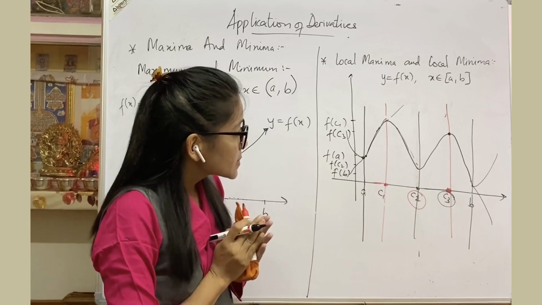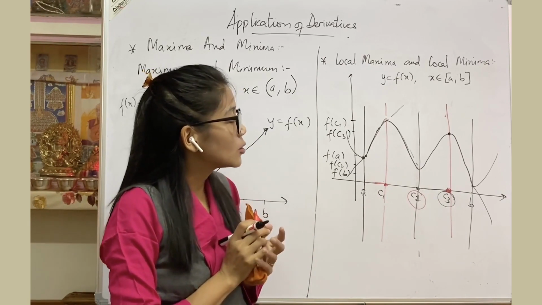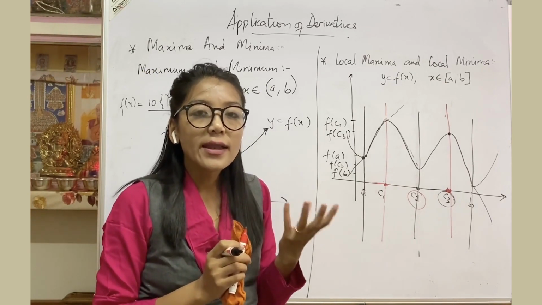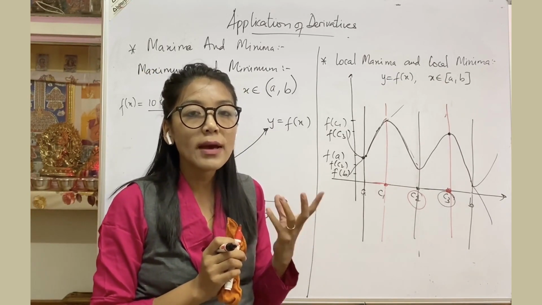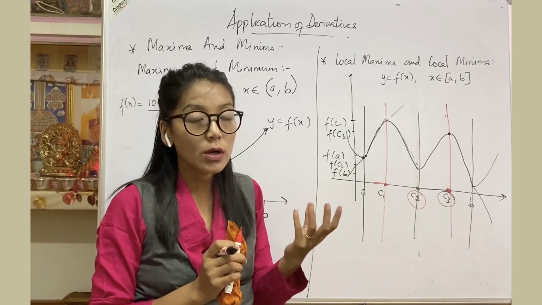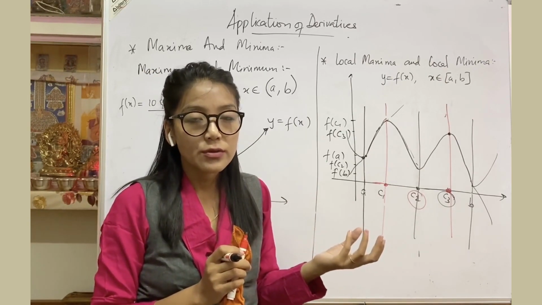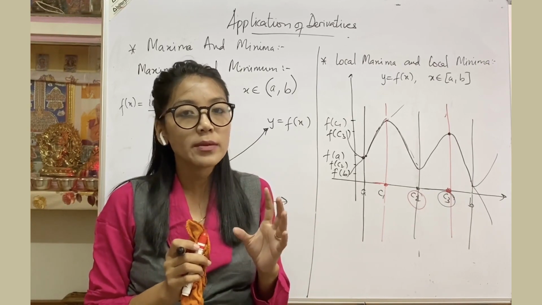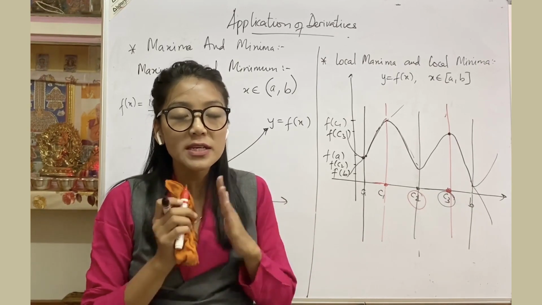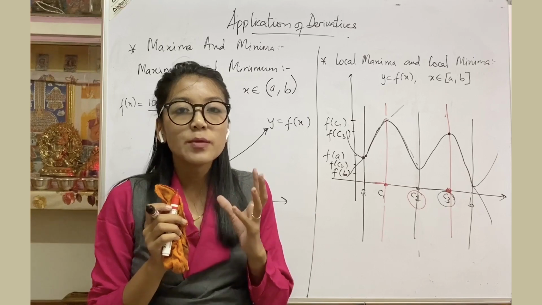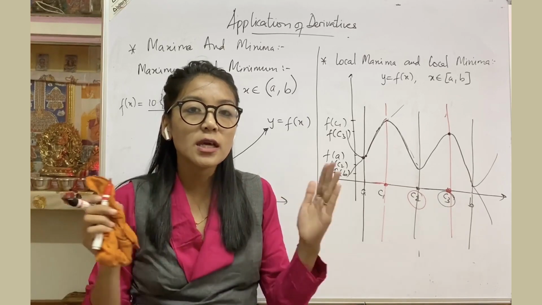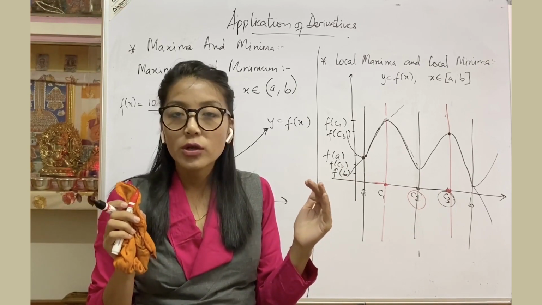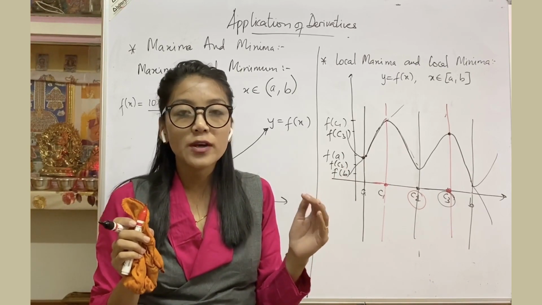Now here we can observe one more thing: a function can have more than one local maximum value and local minimum value, whereas a function will have a unique maximum and minimum value if it exists. When you are talking about the maximum and minimum value of the function, you are taking the whole interval, on which you will get only one maximum and minimum value if it exists.